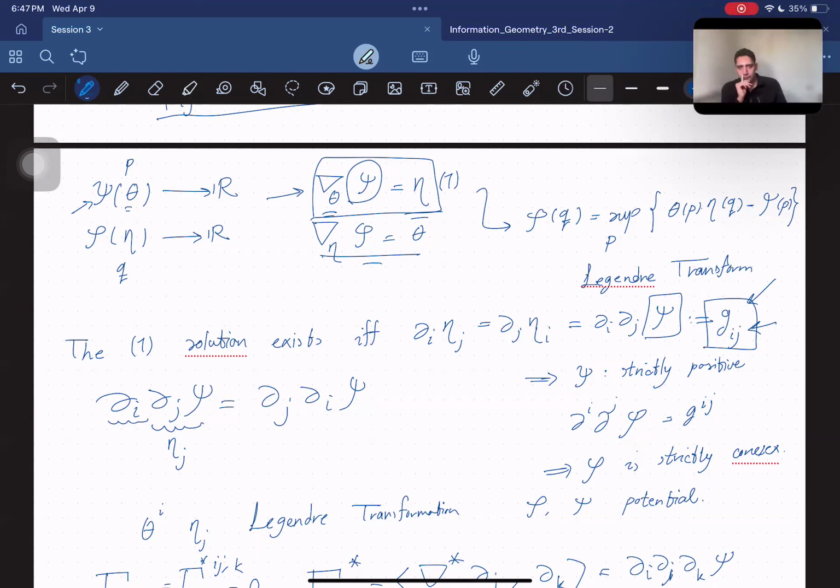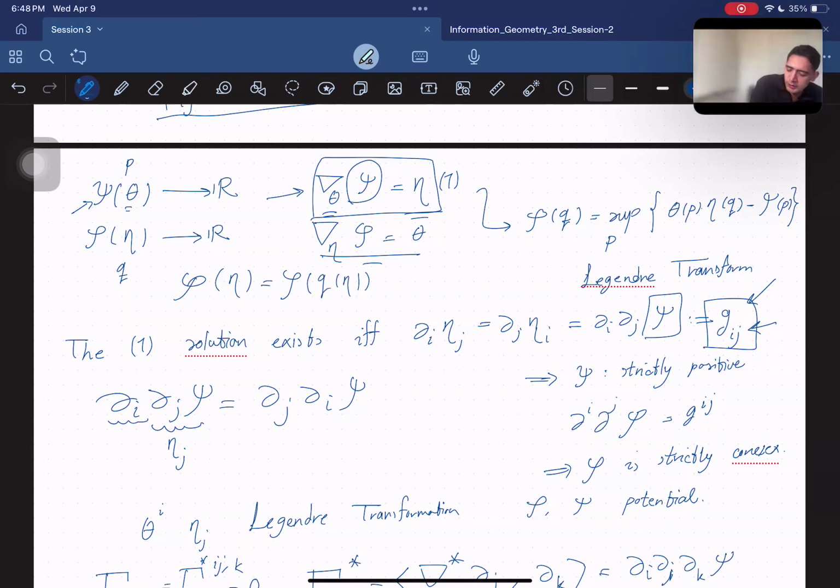Okay. Now is the most interesting part, where if I have the function psi, I can create the function phi. How? Define phi of any eta, which is phi of q of eta.